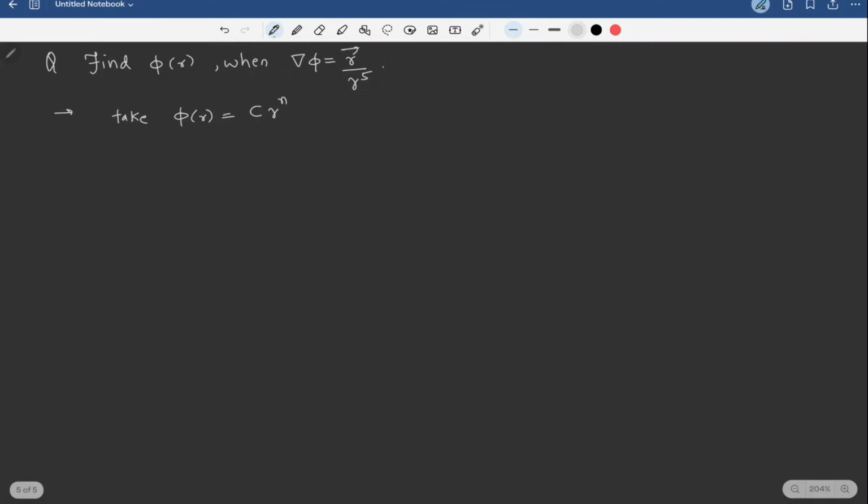Now if we take the gradient of this function, we get del phi is equal to n into c into r raised to n minus 1 into i cap into del r by del x, is equal to n c r raised to n minus 1 into i cap into x by r.